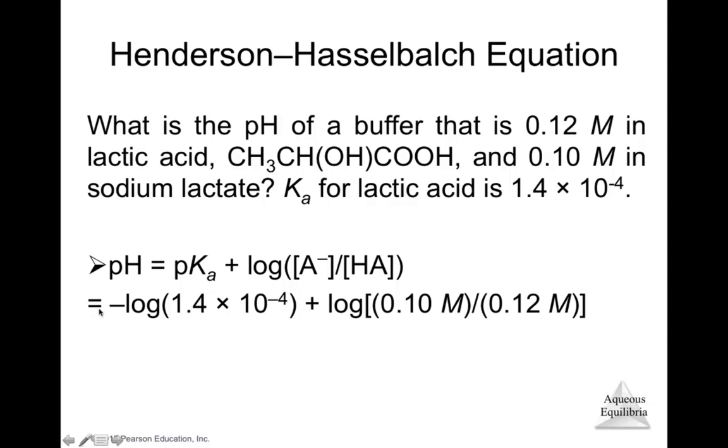The pKa is minus log of this constant, the Ka, plus the log of the concentration of the base, the conjugate base that is lactate, 0.1 molar, divided by the concentration of the acid, in this case lactic acid, 0.12. So this will be equal to 3.85 plus minus 0.08. So the pH for this buffer solution is 3.77.